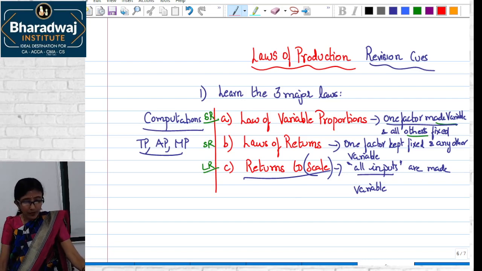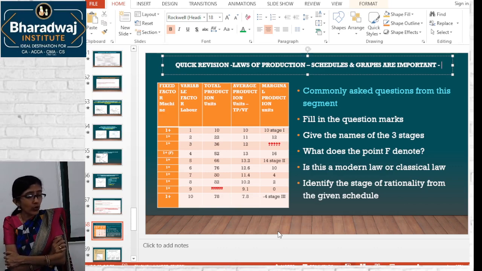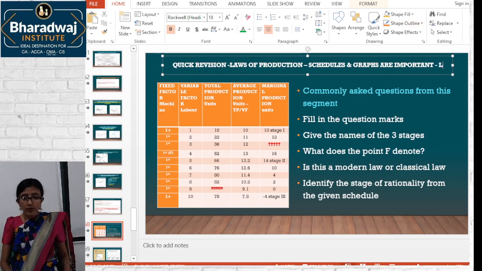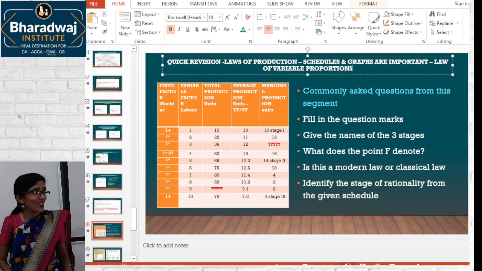The table is displayed for you. The schedule is displayed for you. So the answer is given. Very good. Excellent preparation regarding laws of production. Look at the answer.